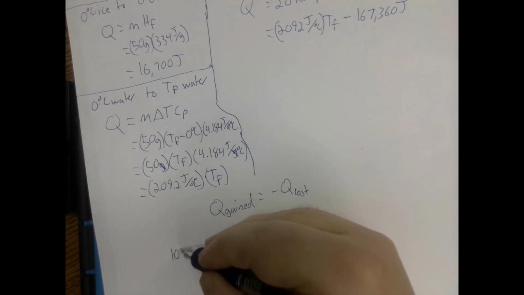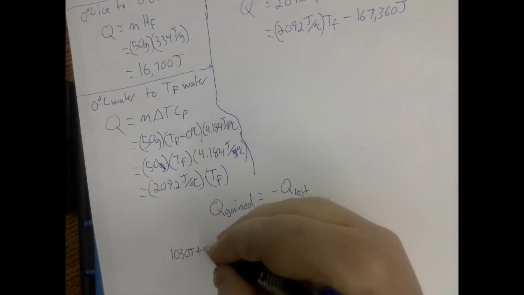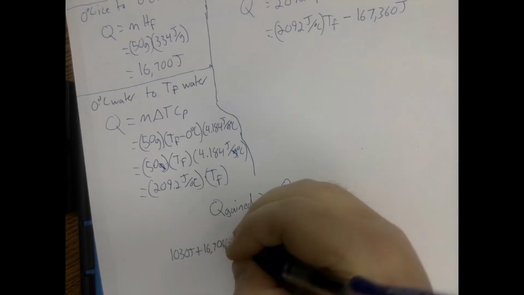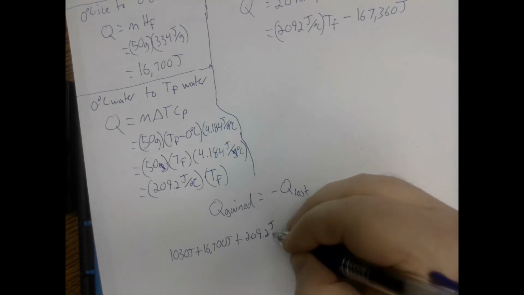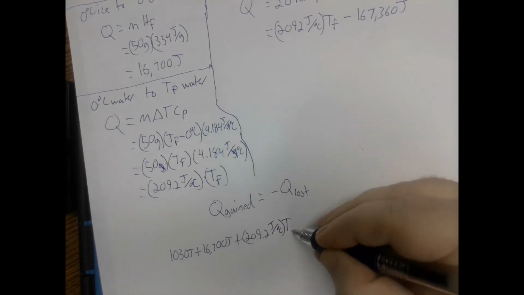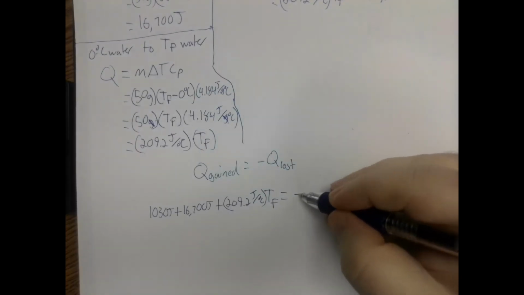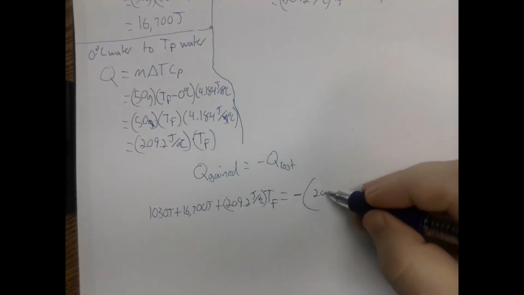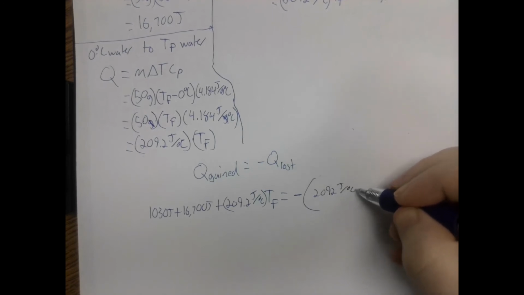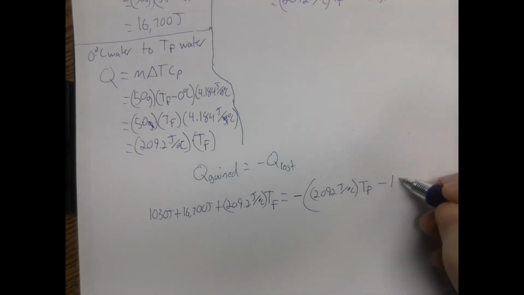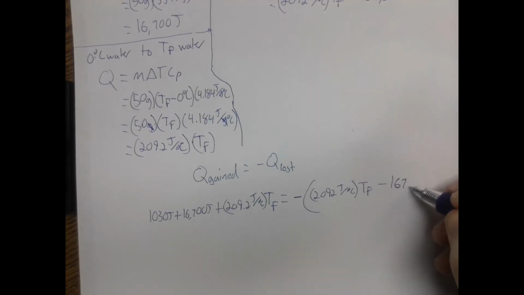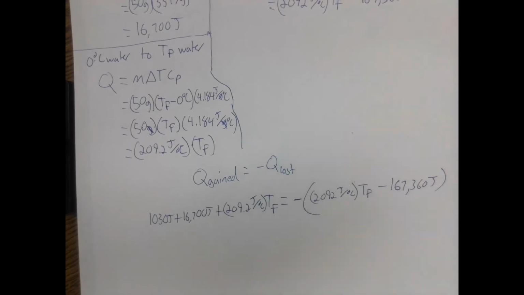So 1,030 joules plus 16,700 joules plus 209.2 joules per degree Celsius times TF, and it's equal to negative 292 joules per degree Celsius times TF minus 167,360 joules. And now we have our final equation set up.